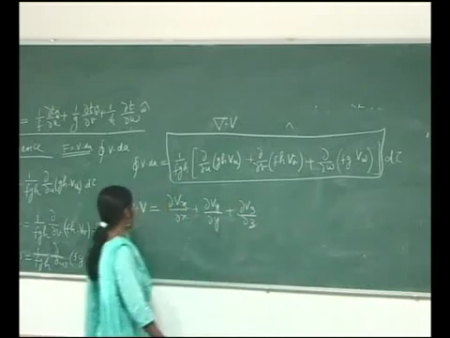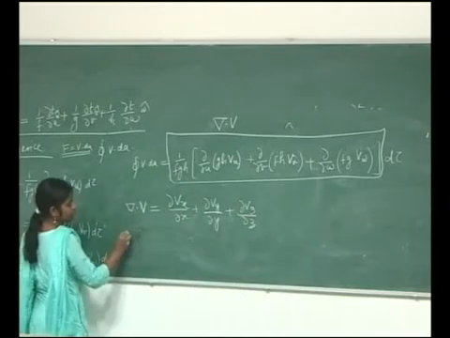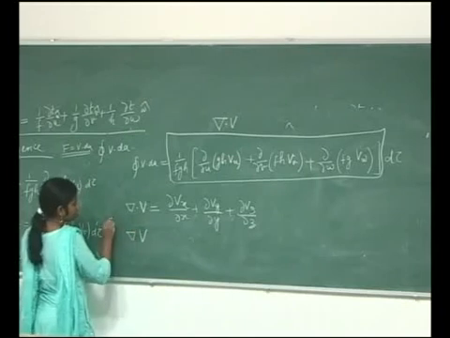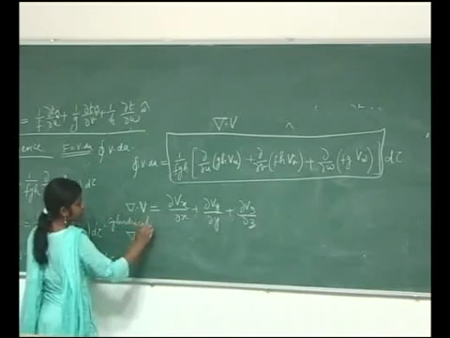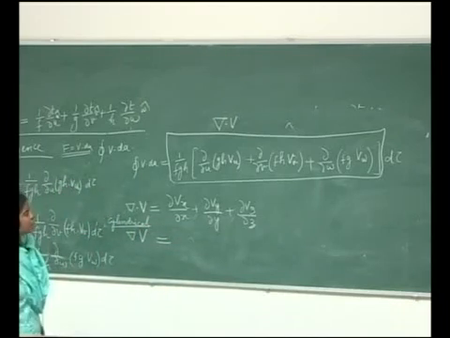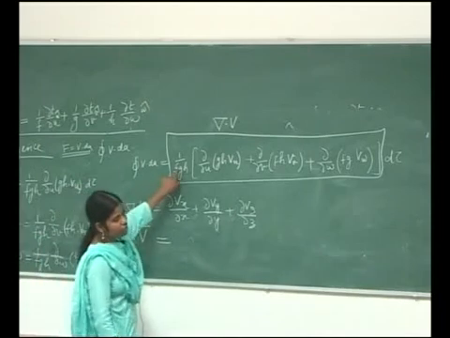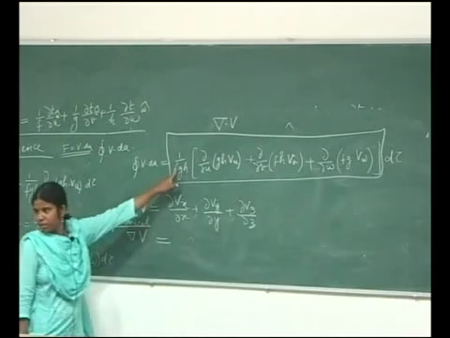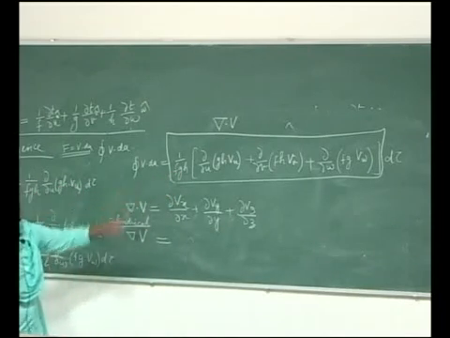Now this time let us check for the cylindrical system. In the cylindrical system, what is the value of 1 by FGH? For the cylindrical system the value is 1 by r.